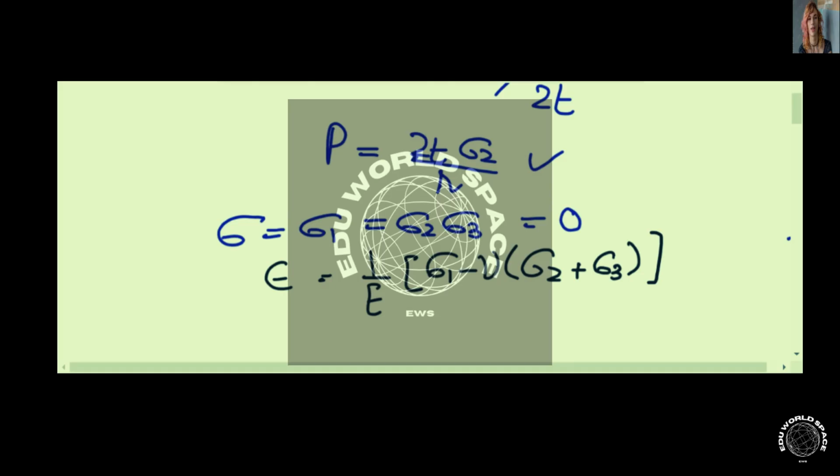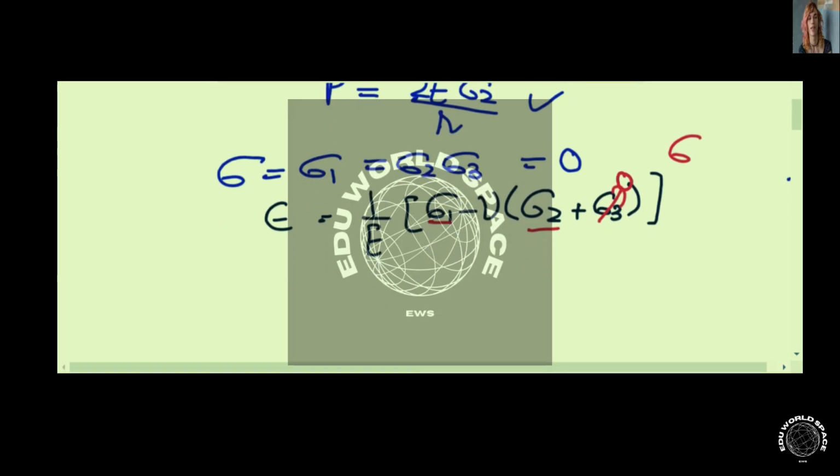Now what we're going to do is substitute the single stress for sigma sub 1 and sigma sub 2, and sigma sub 3 is equal to 0. So we have 1 divided by E, and over here we have stress minus epsilon times stress plus 0.